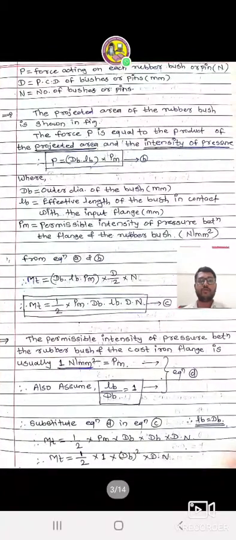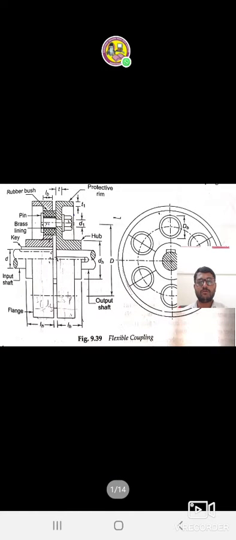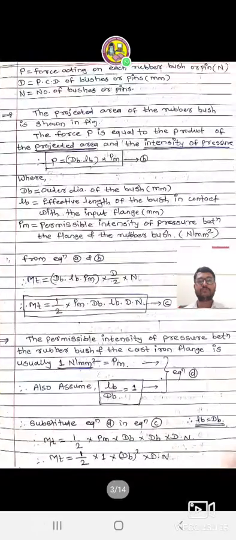So the force P is equal to the product of the projected area and the intensity of pressure, that is, P equal to dB LB into Pm, where dB is the outer diameter of the bush, LB is the effective length of the bush in contact with the input flange, and Pm is the permissible intensity of pressure between the flange and the rubber bush, in Newton per mm square.